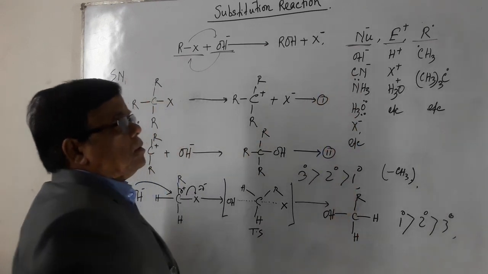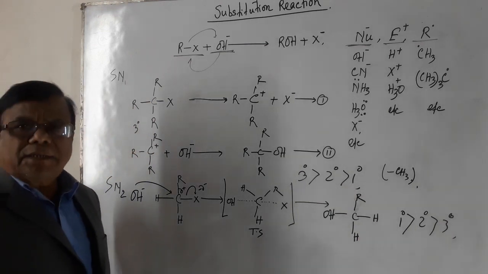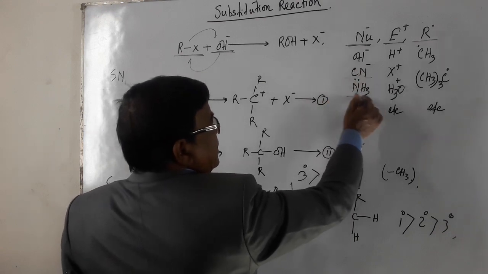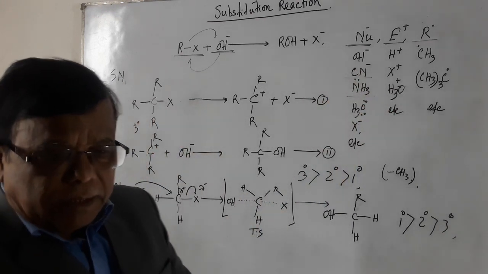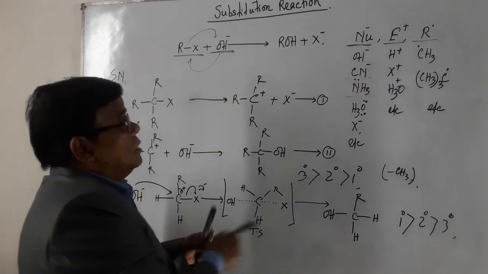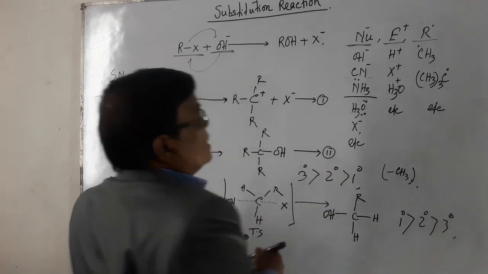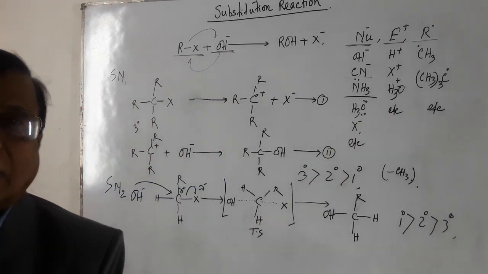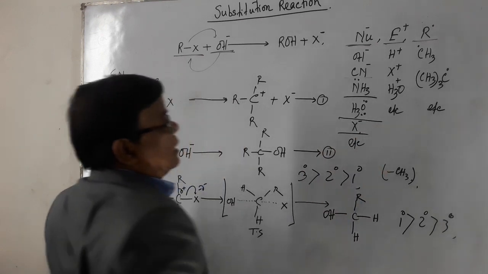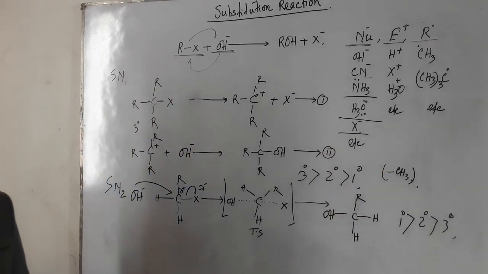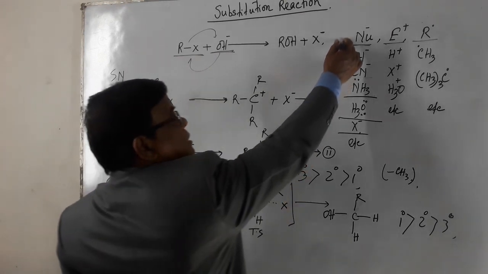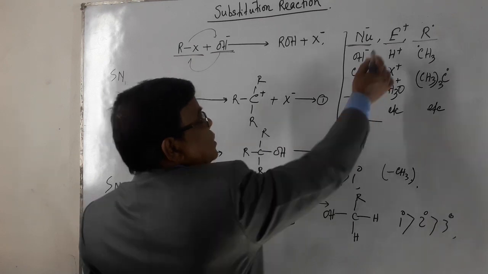If the replacement group is hydroxide, which is negative in charge, cyanide, ammonia, that has a large density of electrons, or water, which is rich in electrons at oxygen, this is nucleophilic substitution.